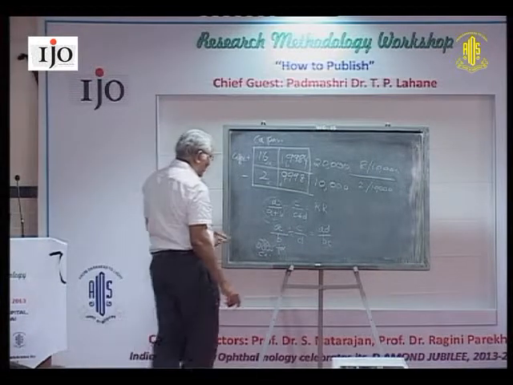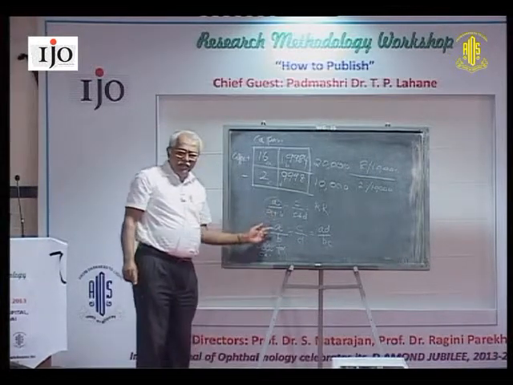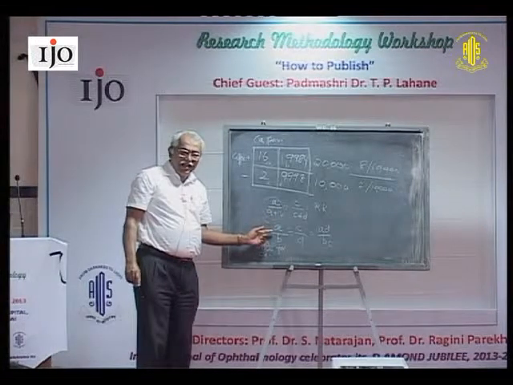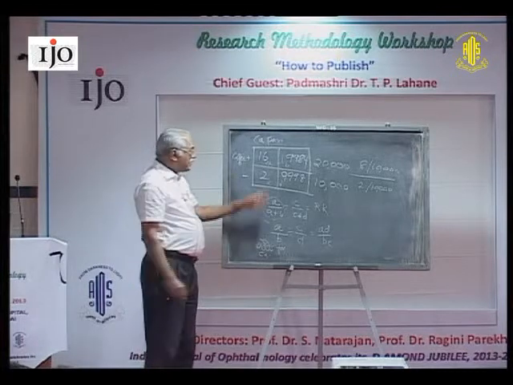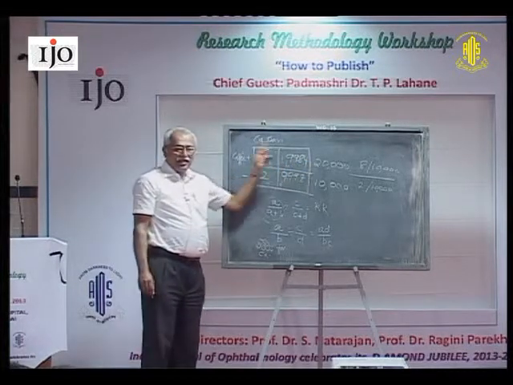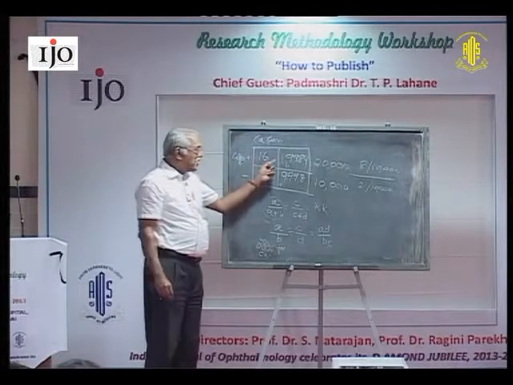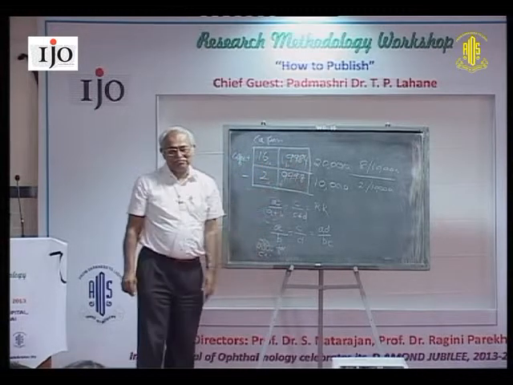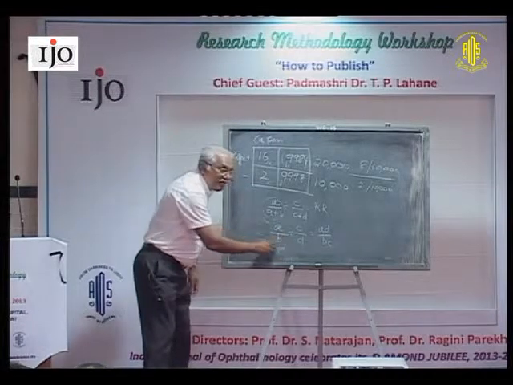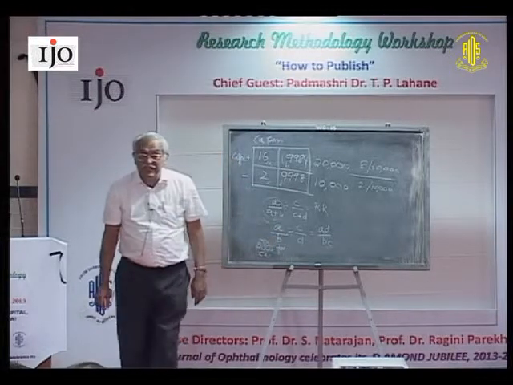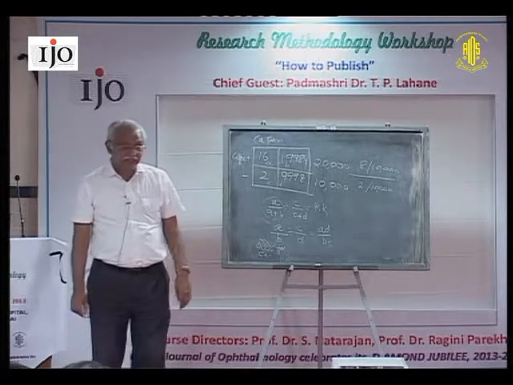Now my statement was, odds will almost be equal to probability if the probability is small. In other words, 16 by 20,000 is almost equal to 16 by 19,984. So this A by B is odds for disease among coffee drinkers.